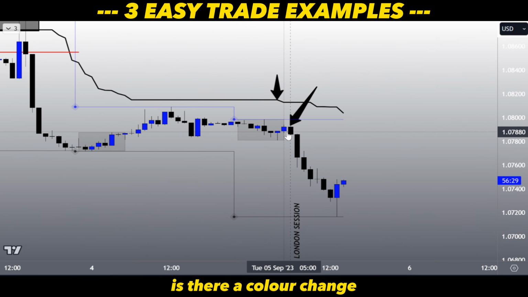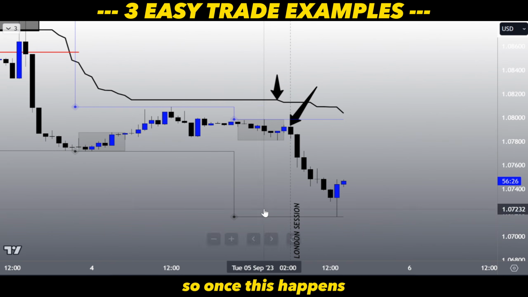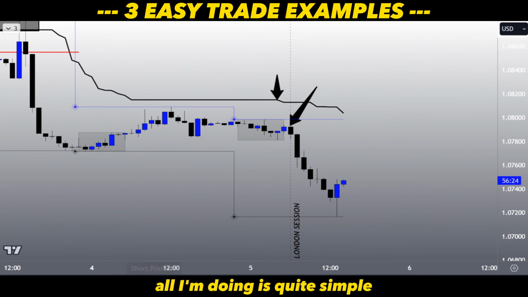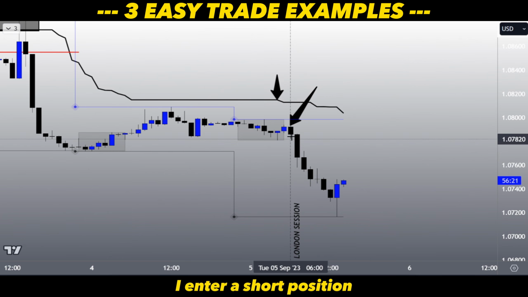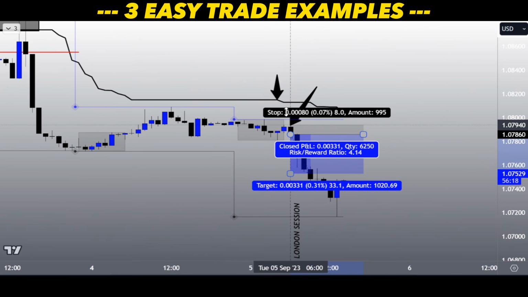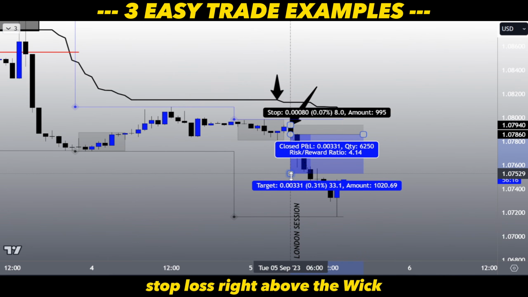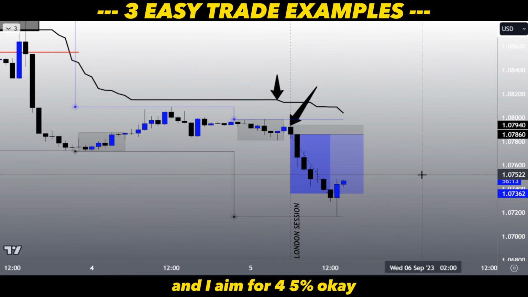Is there a color change? Yes, there is. So once this happens, all I'm doing is quite simple. I enter a short position, stop loss right above the wick, and I aim for 4-5%.